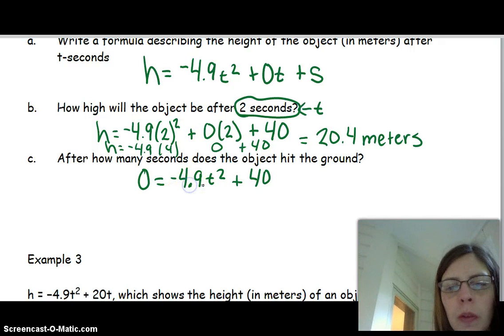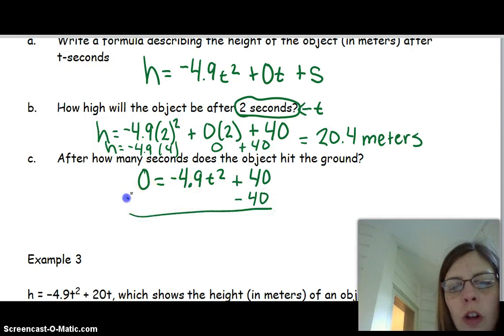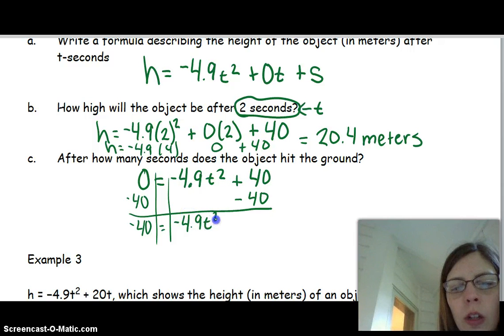Now I'm going to solve it like the equations we were doing in class, lesson 9.1 and 9.2. It's a two-step algebraic equation. I'm going to subtract 40 from both sides. If you need to draw your train tracks, you can. So I have negative 40 equals negative 4.9 t squared.